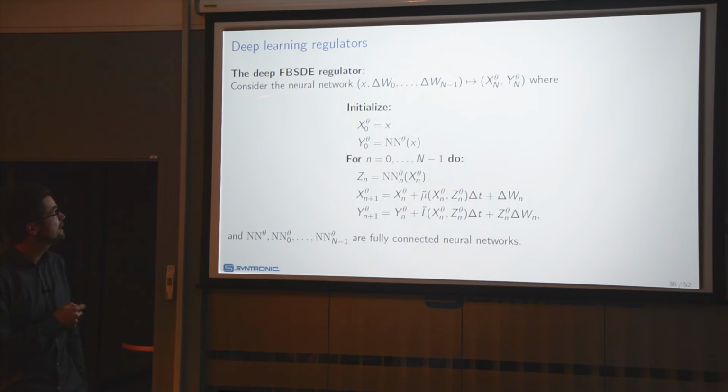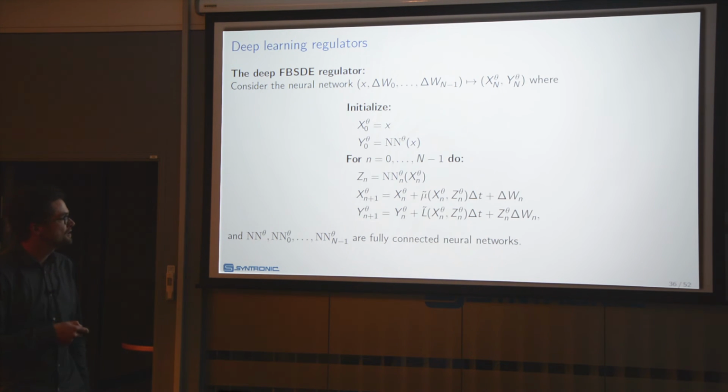We consider a big neural network with the initial values and the noise increments as the input, and the terminal conditions of x and y as the output.